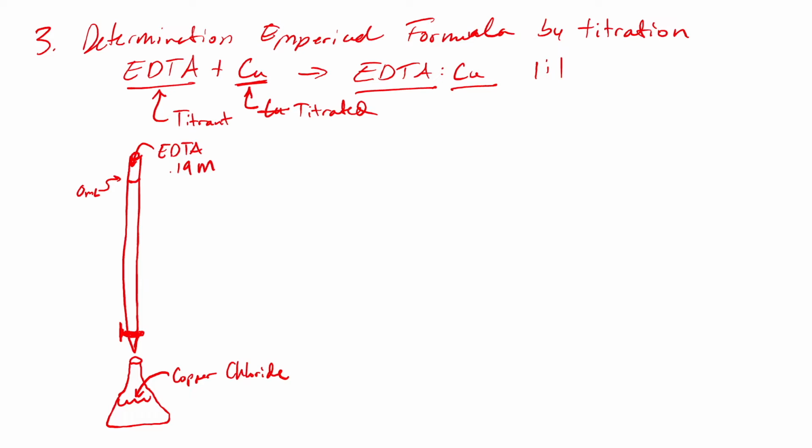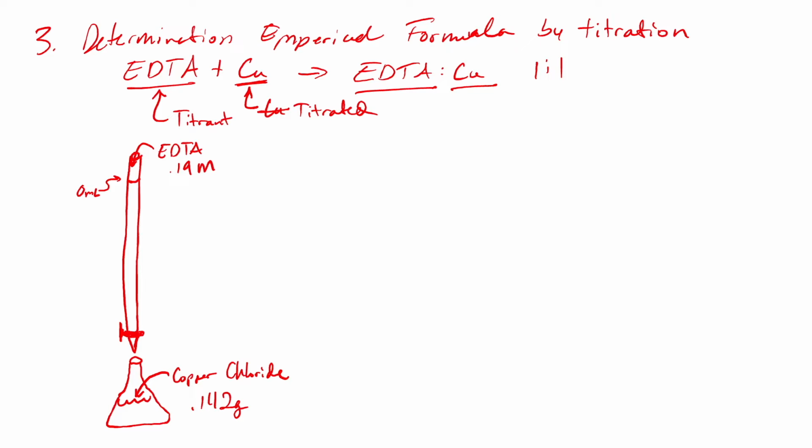We're going to dissolve, say, 0.142 grams of copper chloride. Okay? And in this case, we don't care about what the volume of water is because all we care about is the number of moles of copper chloride, and we can figure that out just from the EDTA.